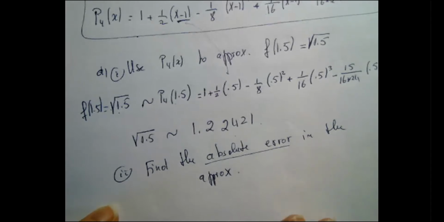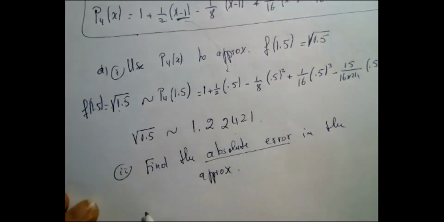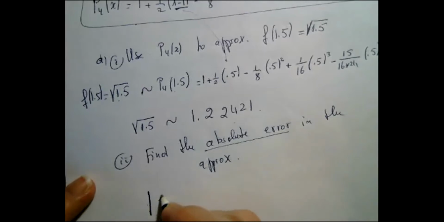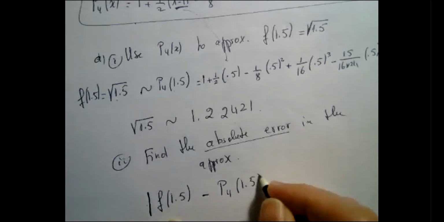Exactly. It's how far off we are, but in absolute value, because we could be less than the actual value or more. So the absolute value is the error. It means the actual value of the function, which is what we pick up from the calculator, minus the approximate value. That's what the error is.